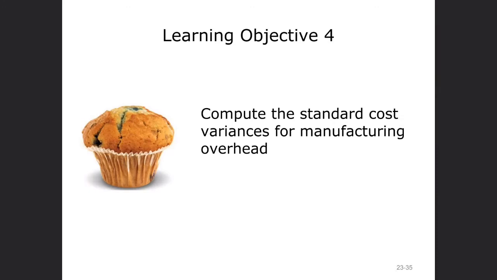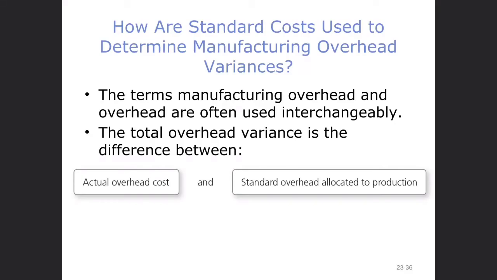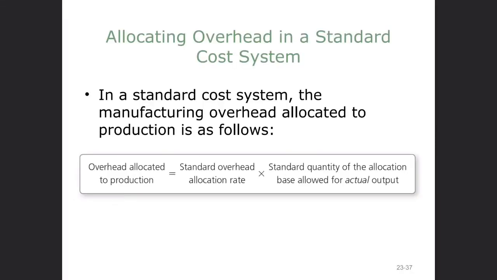Compute the standard cost variances for manufacturing overhead. How are standard costs used to determine manufacturing overhead variances? The terms manufacturing overhead and overhead are often used interchangeably. The total overhead variance is the difference between actual overhead cost and standard overhead allocated to production.